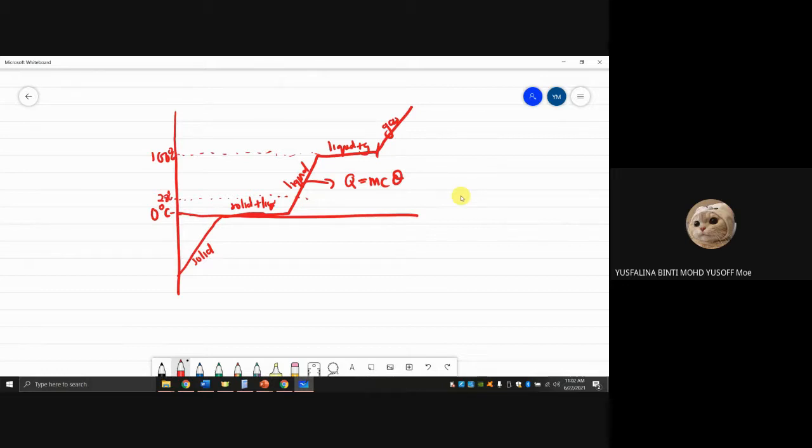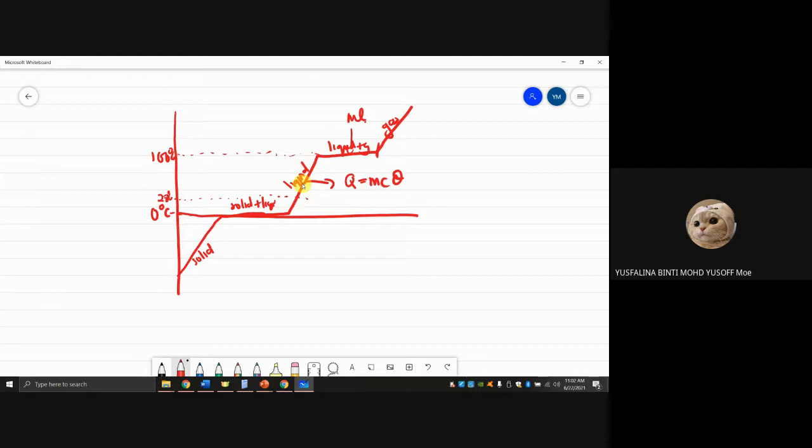If I want to find how much energy I need to change the liquid to gas, it is on this part. So what type of heat is this? Specific latent heat. To calculate the quantity of energy for the specific latent heat, I use ml.